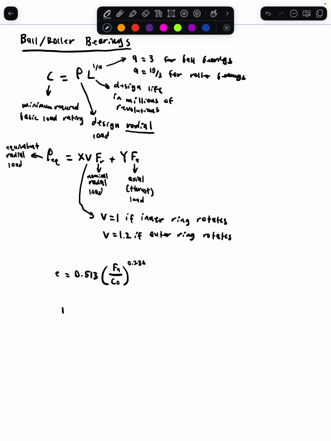So if your nominal axial load divided by V times your nominal radial load is greater than E, then X equals 0.56 and Y equals 0.84 times F sub A, so your axial load divided by, again, that static load rating, and this is going to be to the negative 0.247 power.